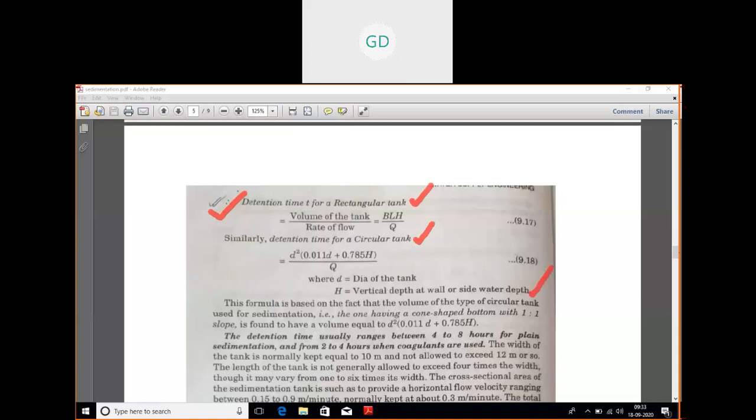And when that is finished, you write down this line: the detention time usually ranges between 4 to 8 hours for plain sedimentation and from 2 to 4 hours when coagulants are used. Write down up to here.